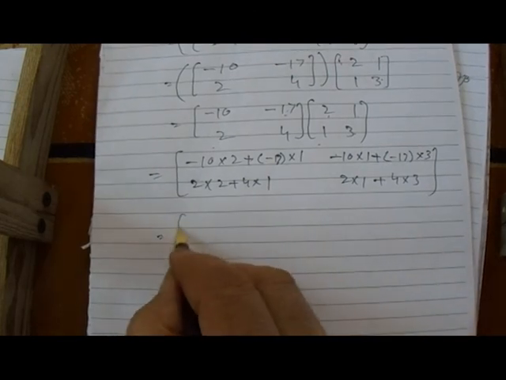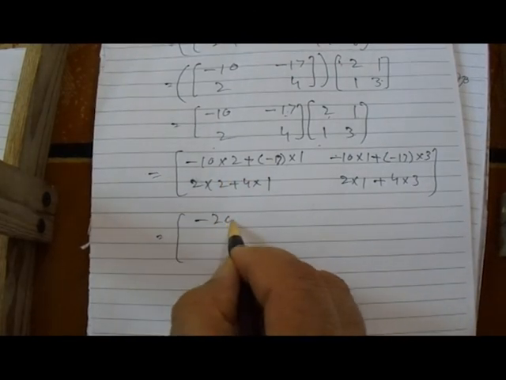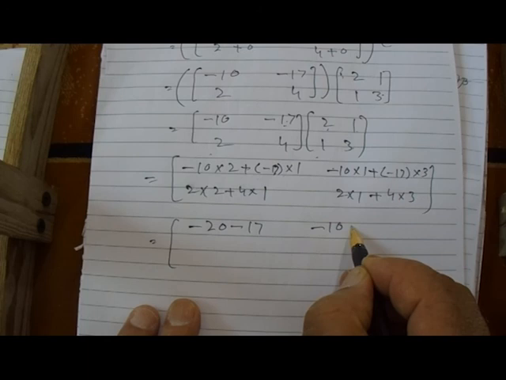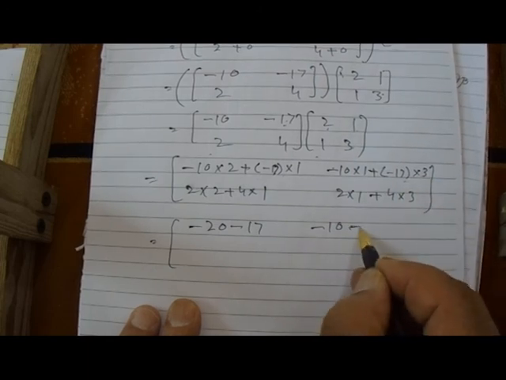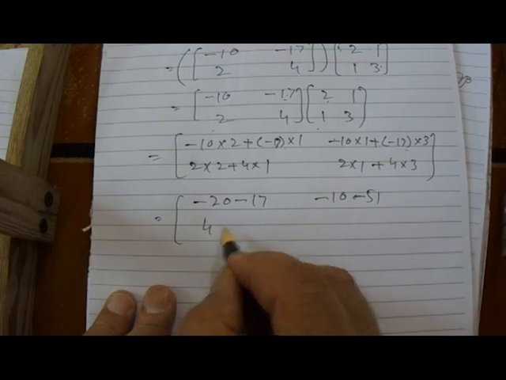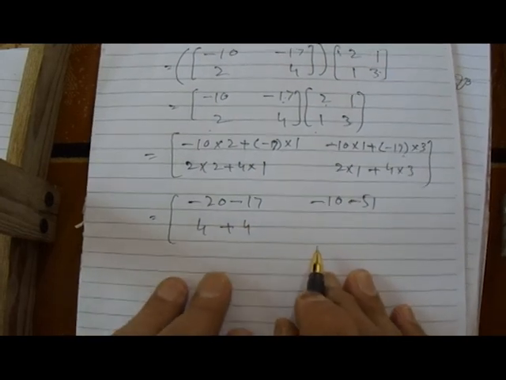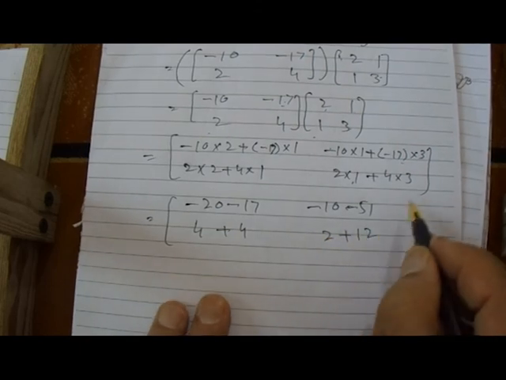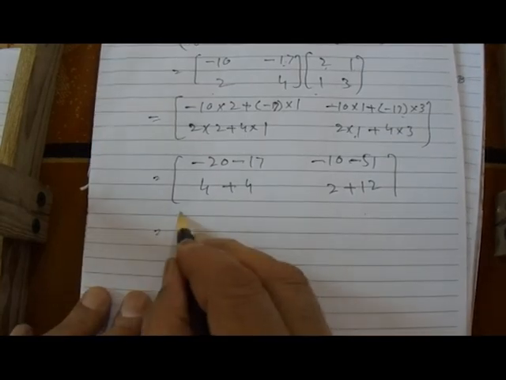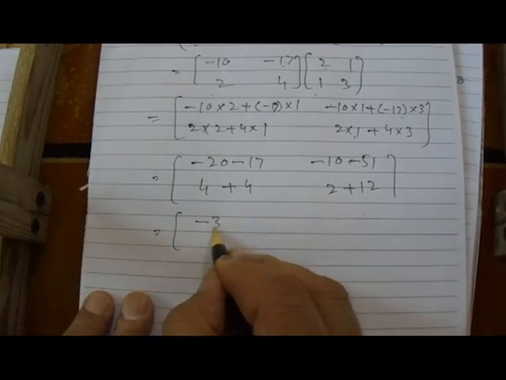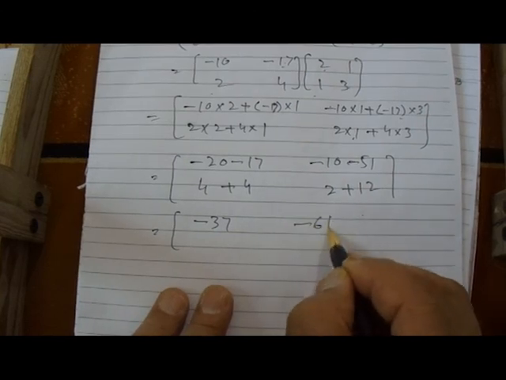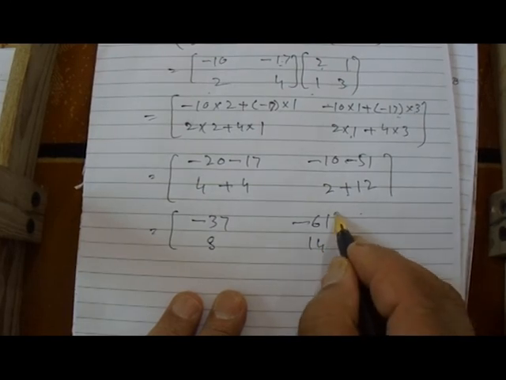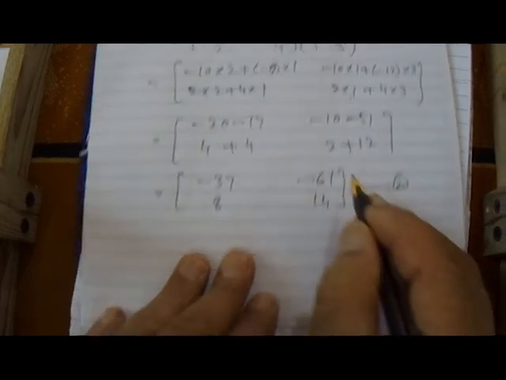Now write again here -20 and -17, -17, -10 here, and -51, 2 2s are 4 and plus 4 here, again 2 1s are 2 plus 12 here. Now this is equal to -37 here, and -61, and 4 4 8, and 2 plus 12 is 14. Now this is our second result from 1 and 2.